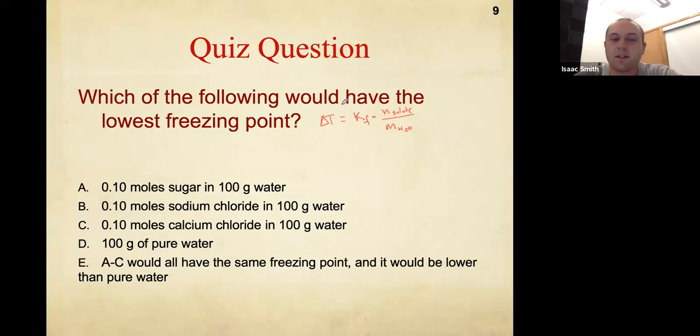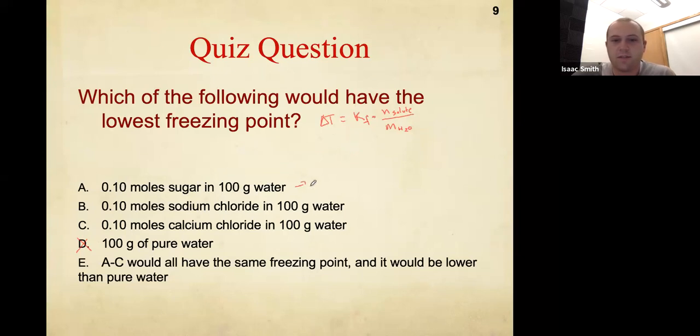The freezing point goes down if we add solute. So that already eliminates D, right? Because any of these is going to make the freezing point go lower than the freezing point of just pure water. In A, we're adding 0.1 moles of sugar, right? And sugar, if you put it in water, it's just going to be sugar still.